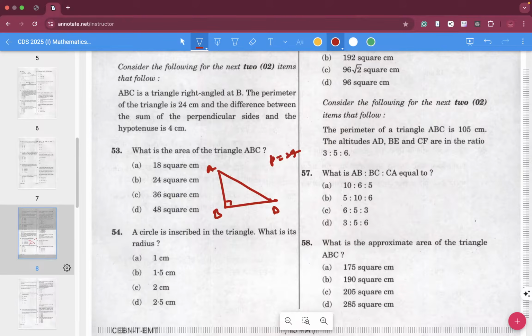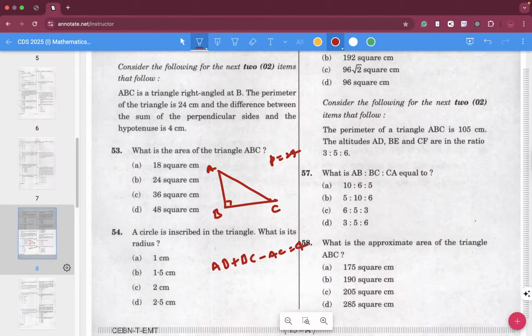Perimeter is equal to 24, and the difference between the sum of the perpendicular sides, which means AB plus BC, minus AC, this one is C, is equal to 4.